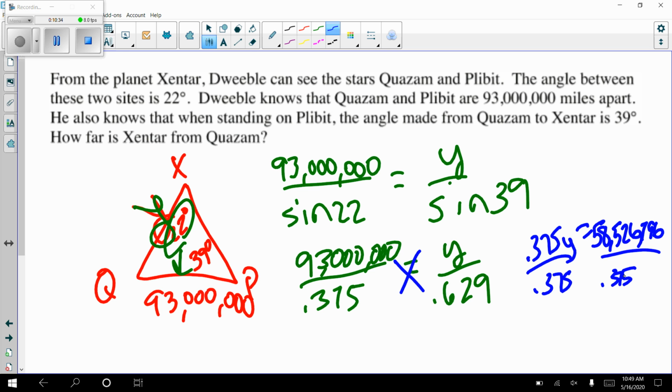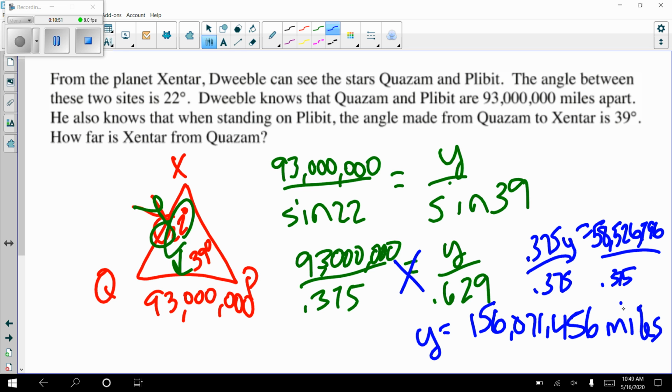And I get that Quasum to Centaur is about 156,071,456. I believe it was miles, right? Yep, miles. So there we go.